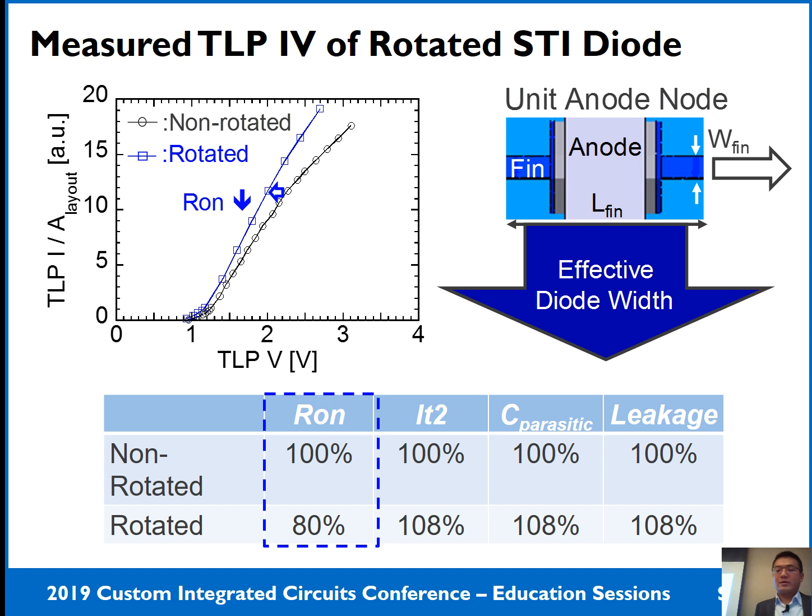I think in the ESDA standard meeting, they always discuss this. But I would say that for HBM, nowadays it's not really a challenge. They can still get 500 volts or even 1 kV with no problem. But the main challenge is from CDM.